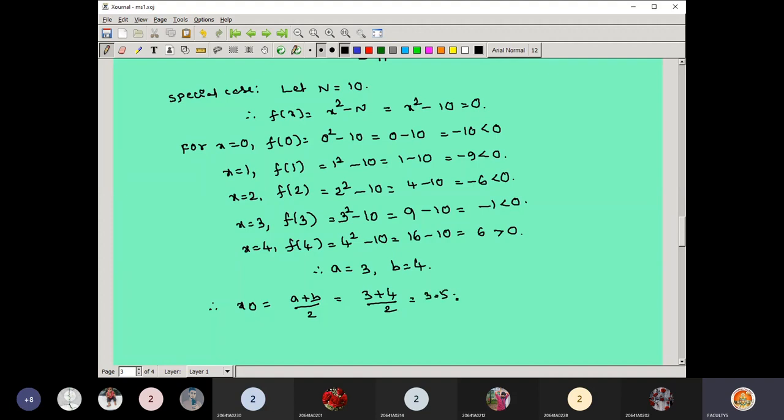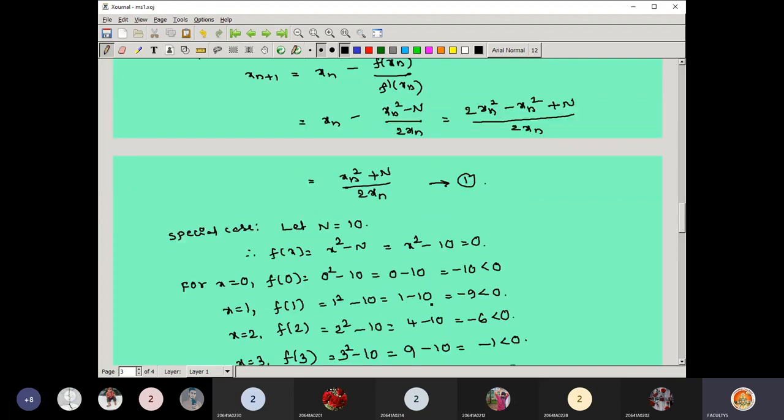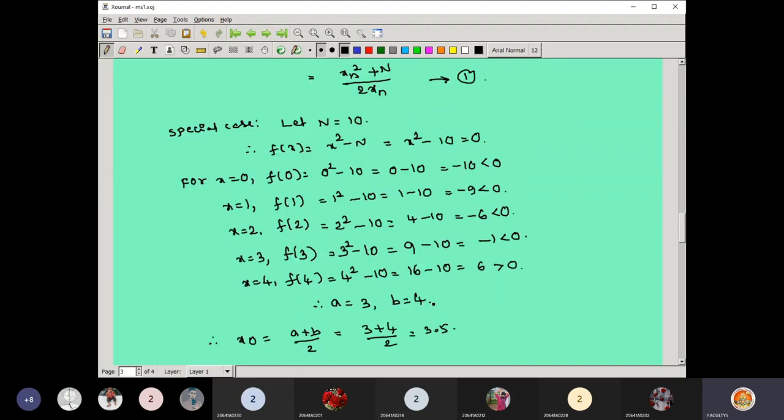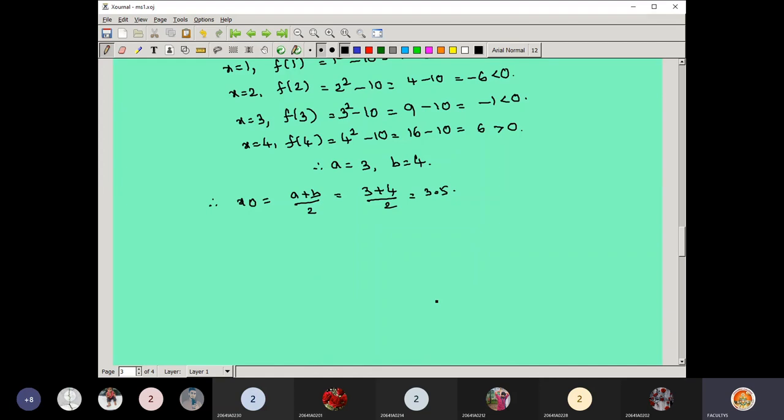So after getting this, we just derived a formula to calculate the square root. From equation number 1, I am directly substituting n equal to 0.